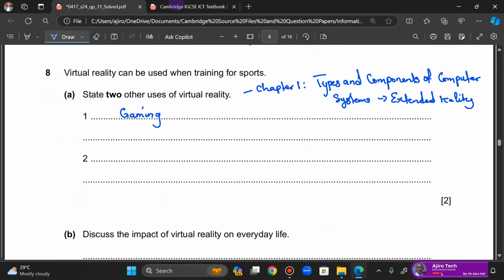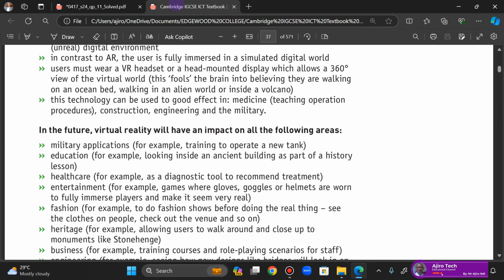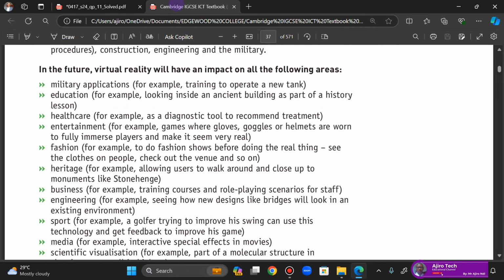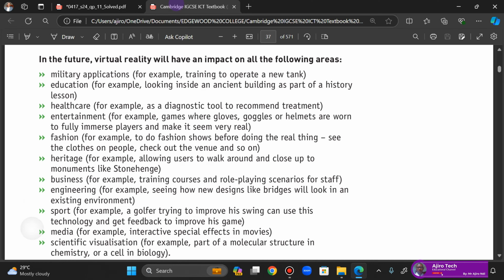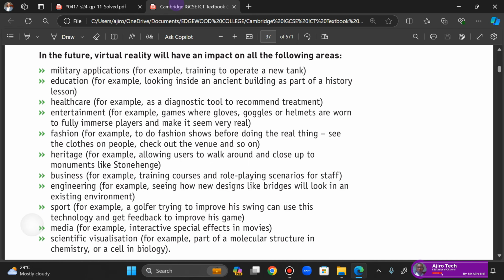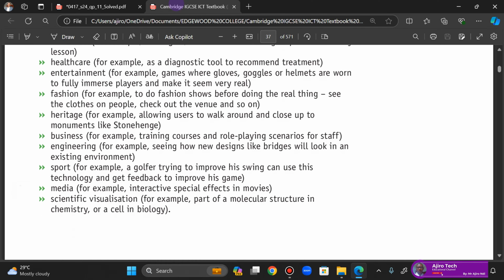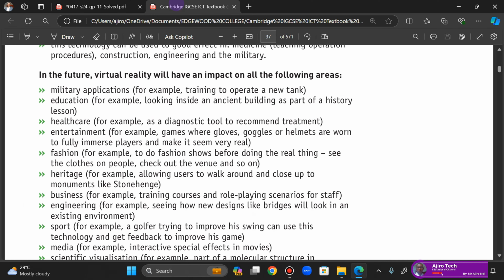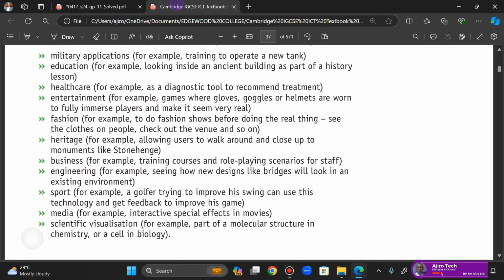Virtual reality, so uses of virtual reality. Here you can have gaming, which is entertainment. You can have it also for scientific visualization, part of a molecular structure in chemistry or a cell in biology.